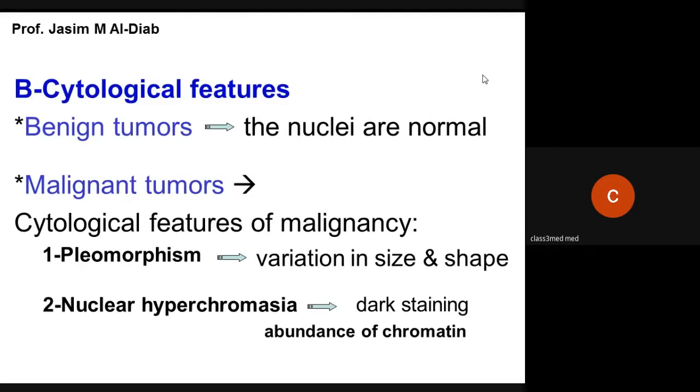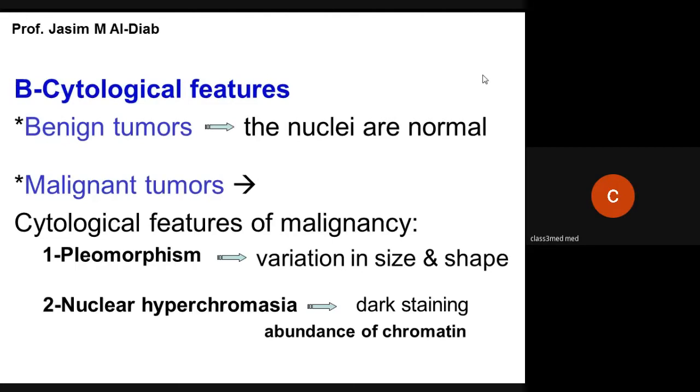DNA is present in the nucleus. So when there is abundance of chromatin, there will be more hematoxylin staining of the nucleus, and so the nucleus appears darkly stained, more than in the benign tumor. Do you understand now why? What does it mean to be darkly stained?